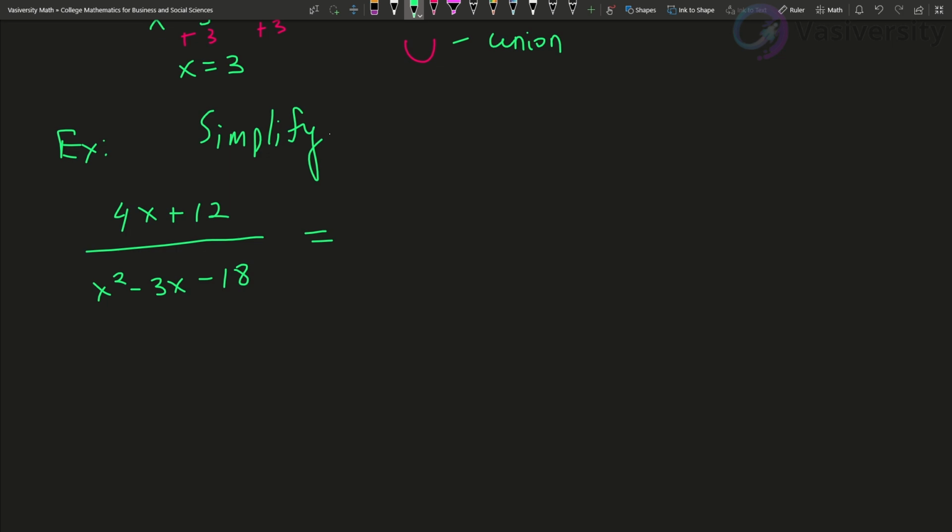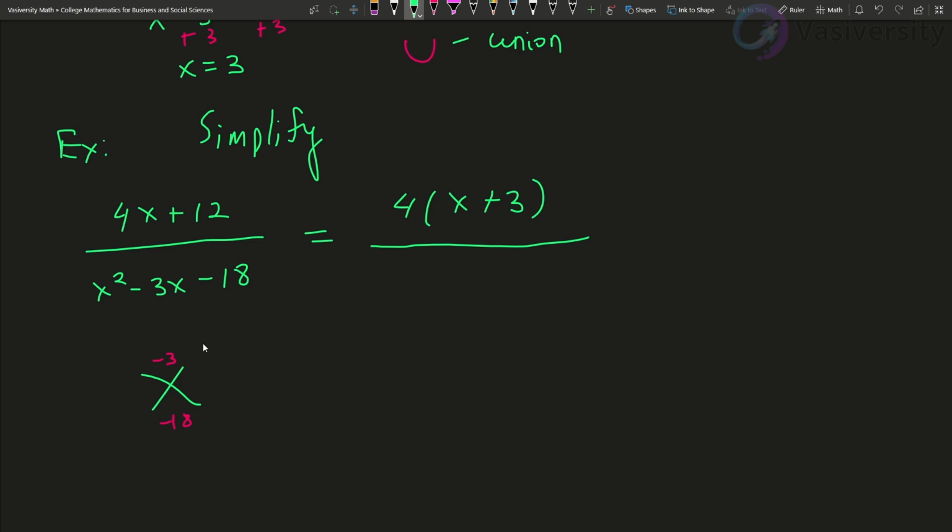Essentially, we'd have to factor. In the numerator, we can factor out 4, so we're going to have 4 times x plus 3. How about the denominator? In the denominator, we can actually use the cross method, right? We have that something plus something is negative 3, and something times something is negative 18.